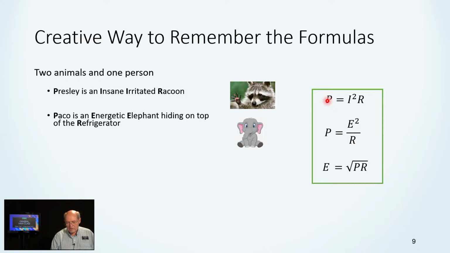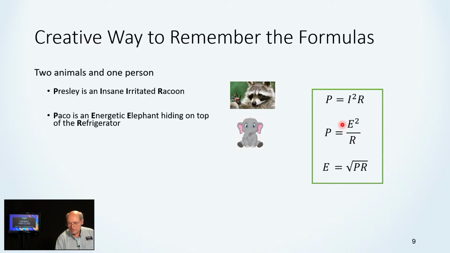Now here's another character, Paco. Paco is an energetic elephant hiding on top of the refrigerator. Now the sillier that you can make these things, the more graphic they become and the better they stick in your mind. Well, how does that work? We've got an energetic elephant, E squared, hiding on top of the refrigerator.